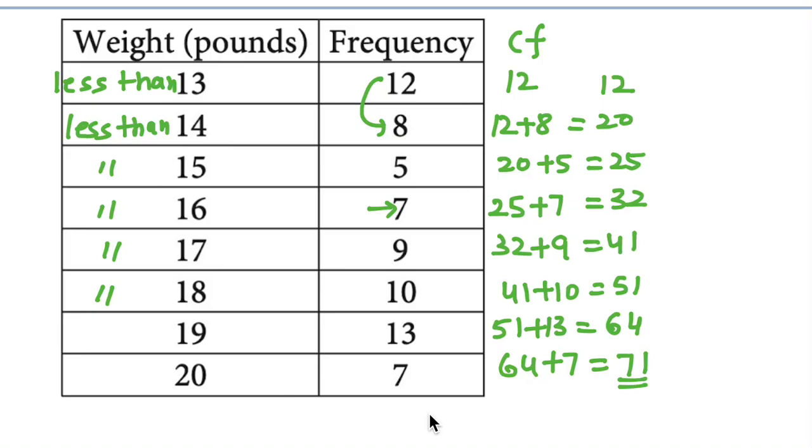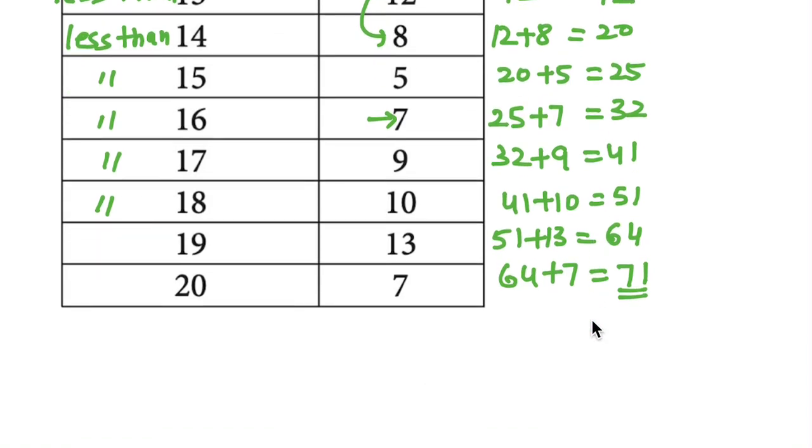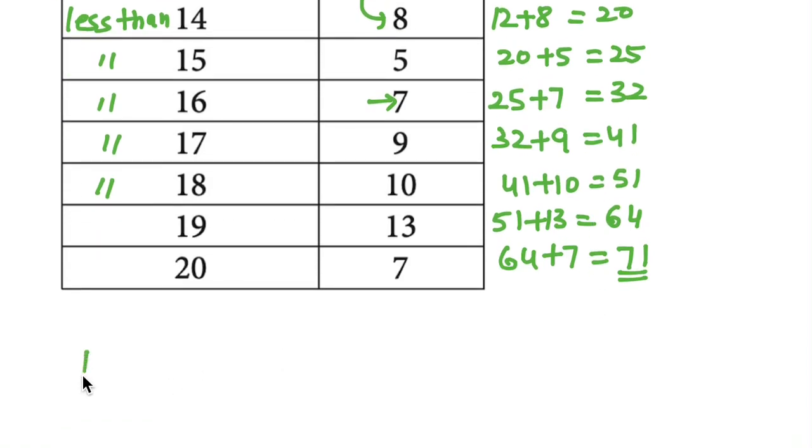Okay. Now if we talk about median, this is the old median. We see what n is. Is it even or odd? Now 71 is odd, right? So we have to apply the formula which is applicable for odd numbers.